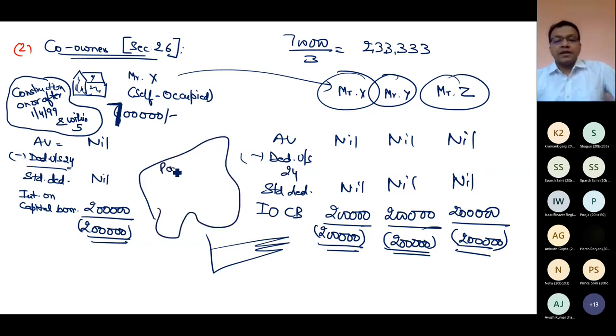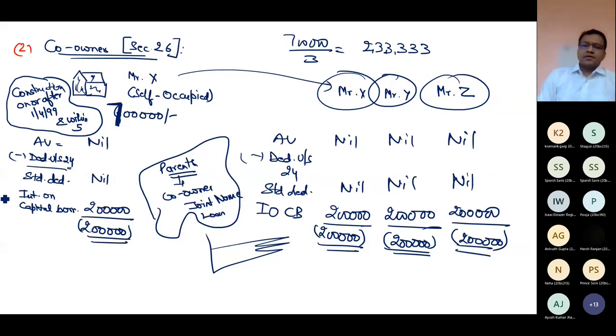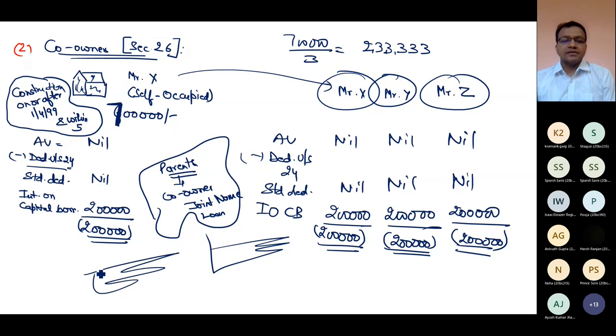If your parents are planning to purchase their houses, you should ask them to purchase the house in joint name, take the loan in joint name, and pay the installments from separate bank accounts. Both can claim 2 lakh each. It is tax planning, that's it. It's your choice. It is not tax evasion, it is tax planning.